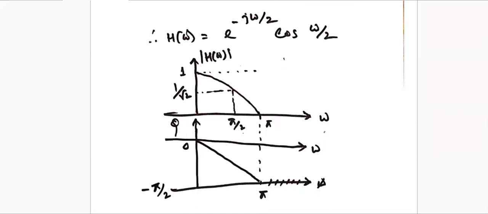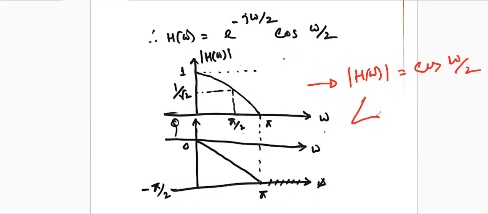From this equation, the phase response, which part actually gives the phase? If I write this equation in this way, this is the magnitude of H omega, it belongs to cos omega divided by 2. The phase, the second part, the phase of H omega, belongs to e to the power minus j omega by 2. So this is minus omega divided by 2. That is the phase.